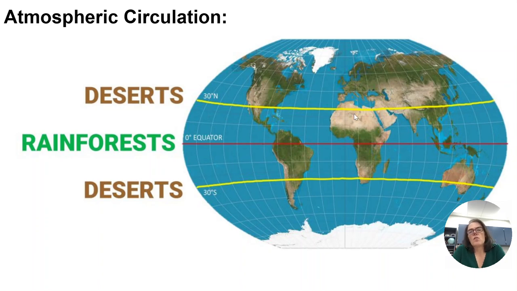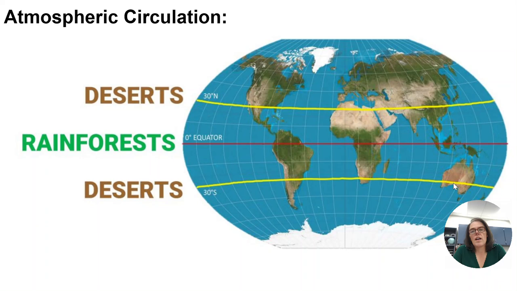Along the 30 degree north parallel, there's the desert I grew up in, the Sonoran Desert over here in the southwestern US and Mexico, the Sahara Desert, the most famous desert, across Saudi Arabia, and across Asia, the Gobi Desert, and then down here we have the Atacama in South America, South Africa, and Australia. So those deserts tend to be at 30 degrees north and 30 degrees south. Why?